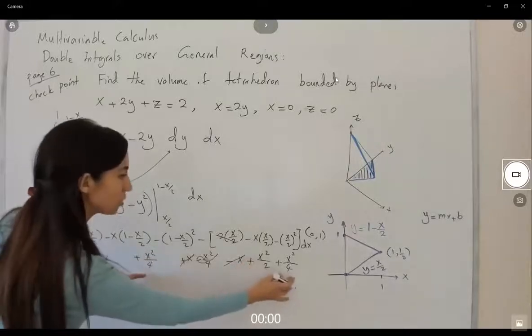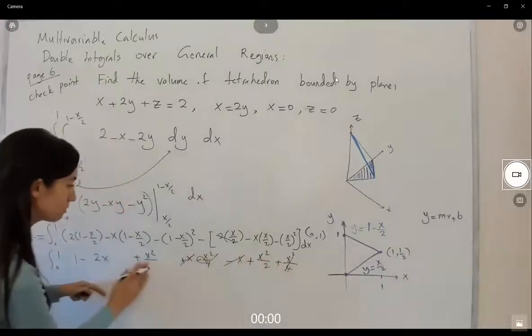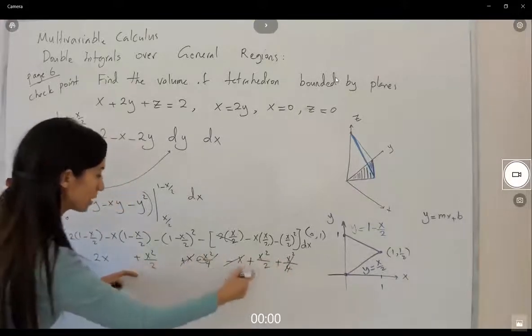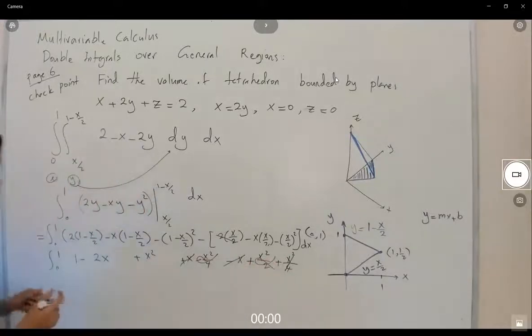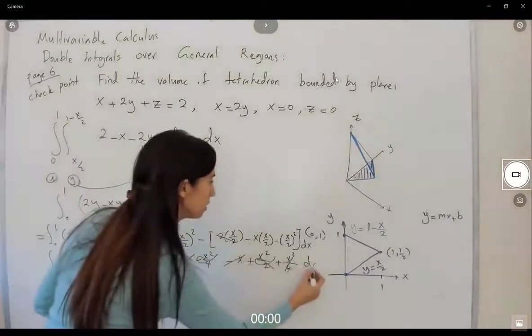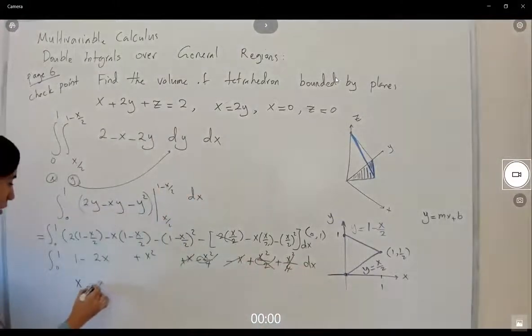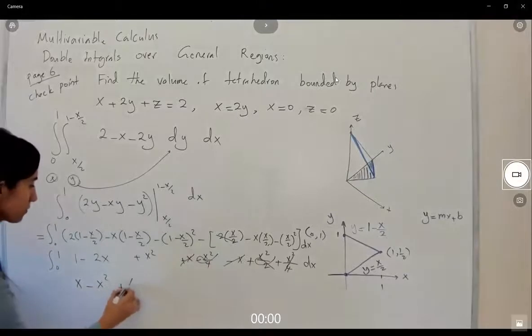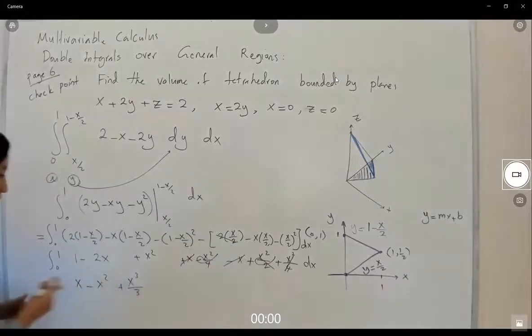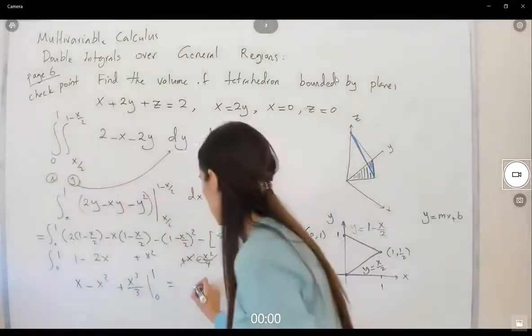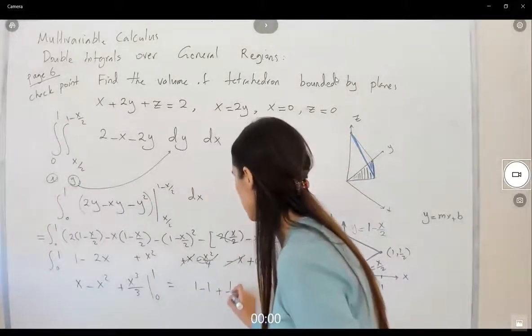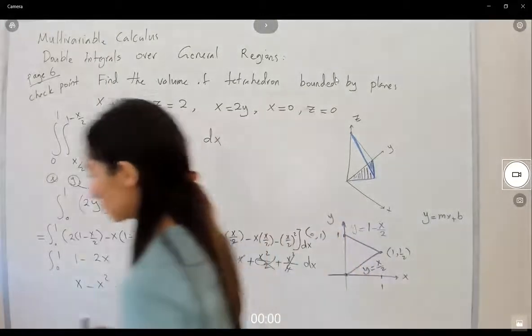So if you add these two, you get x squared over 2 plus x squared over 2 is just x squared. So this is x. We are taking the integral with respect to x. This is x minus x squared plus x cubed divided by 3, 0 to 1. So if I plug in 1, I get 1 minus 1 plus a third.